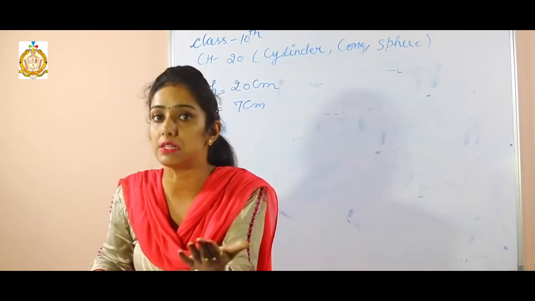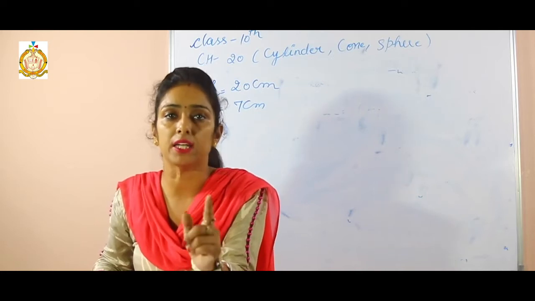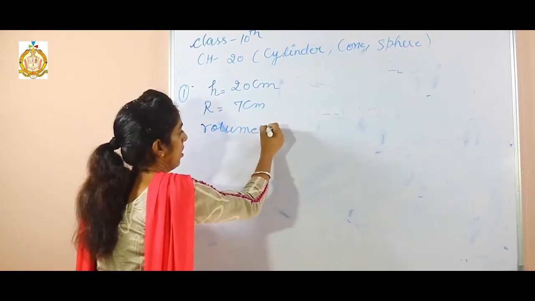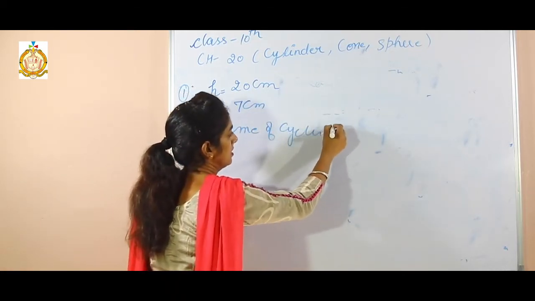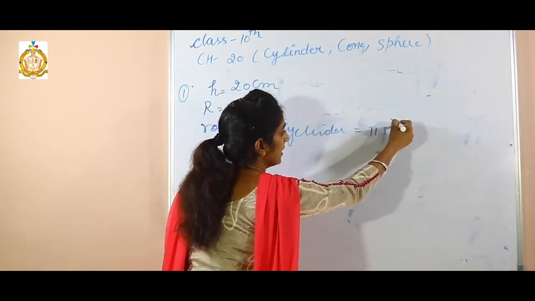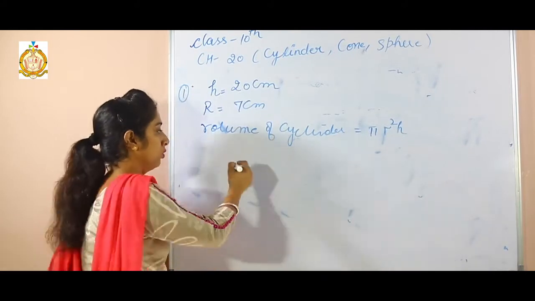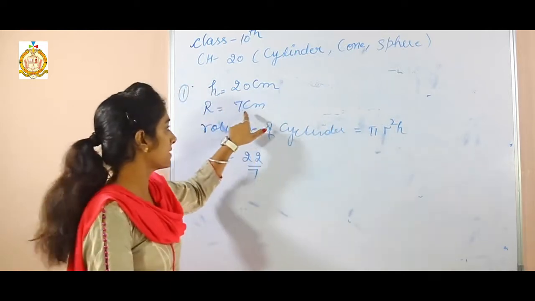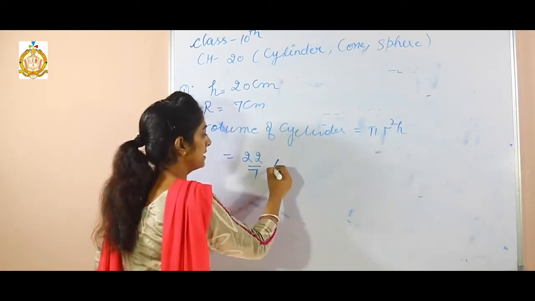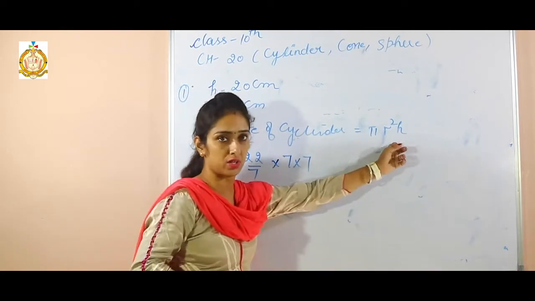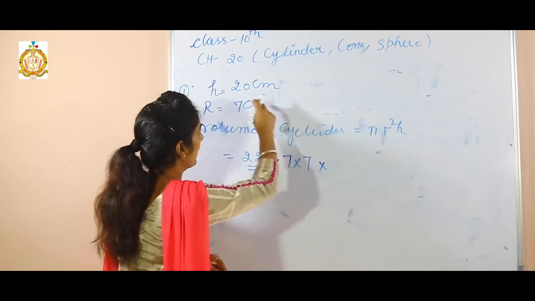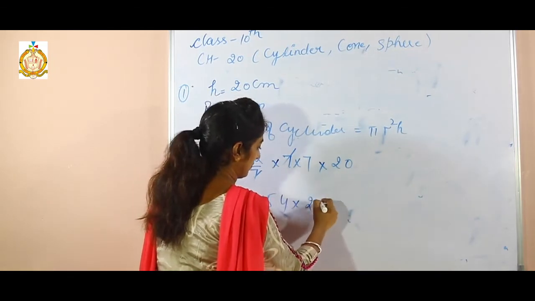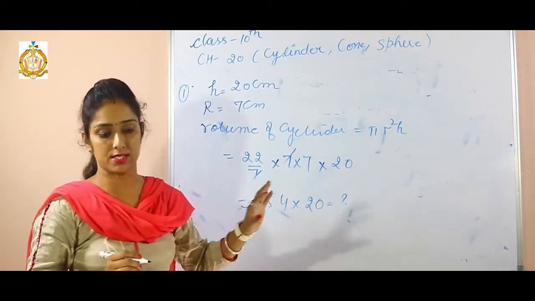Now what is the volume of a cylinder? Volume of cylinder is pi r square h. Now pi stands for 22 by 7. The radius is 7 centimeter. Multiply by 7. Here r square means 2 times the radius, and height is 20. After solving this, you get the answer.